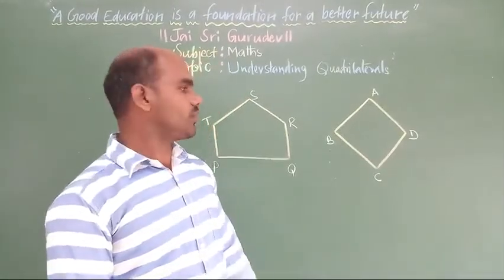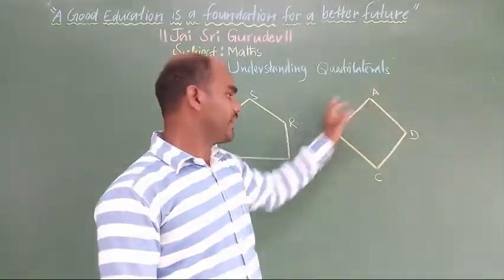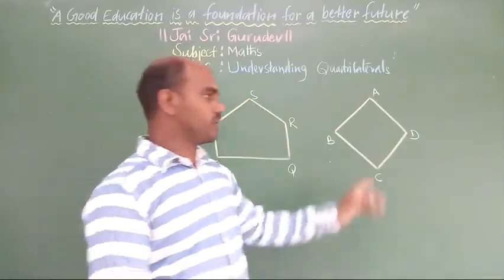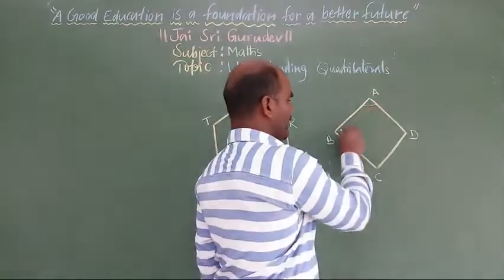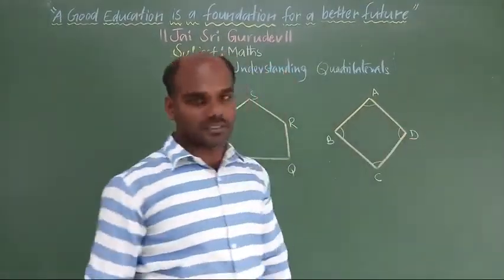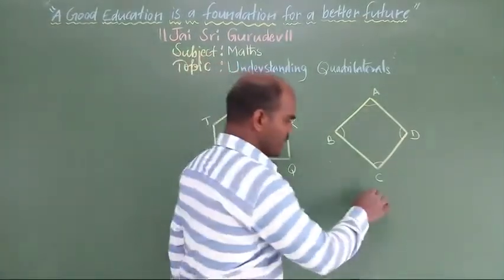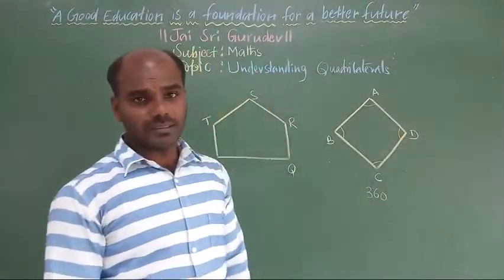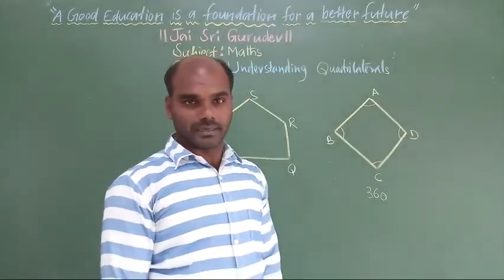Yes or no? For example, I am taking ABCD as one of the quadrilaterals. The sum of the four angles will be 360 degrees.